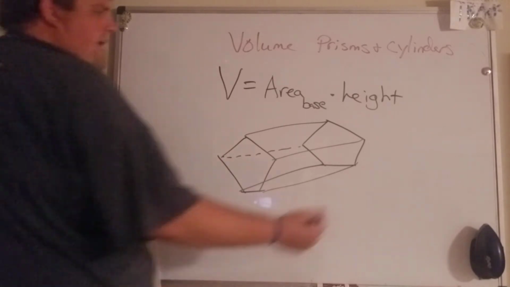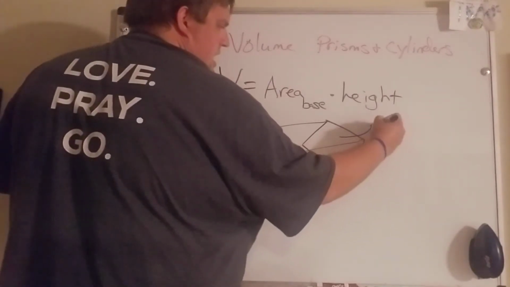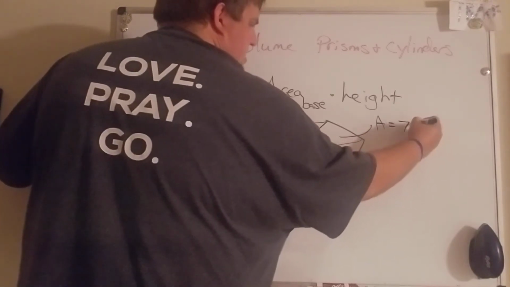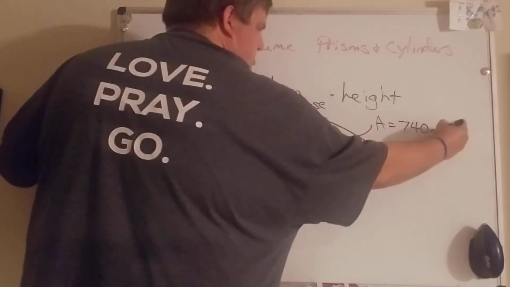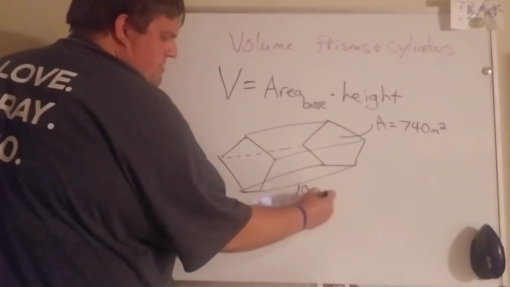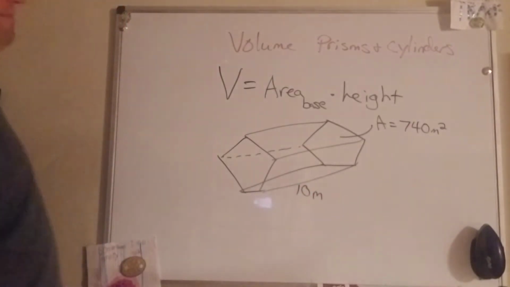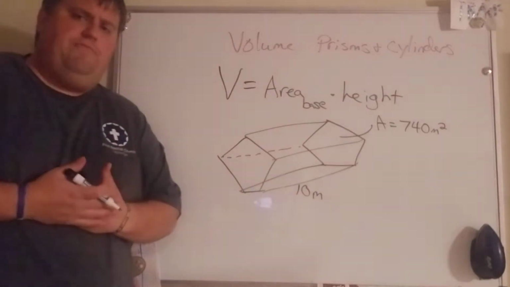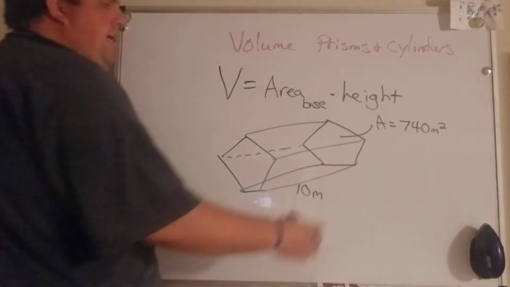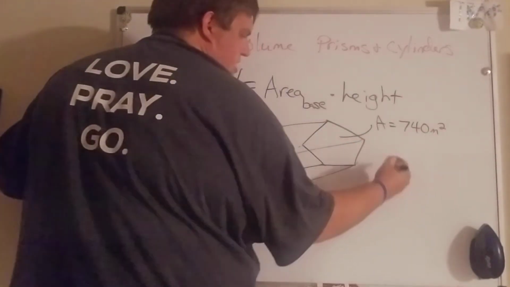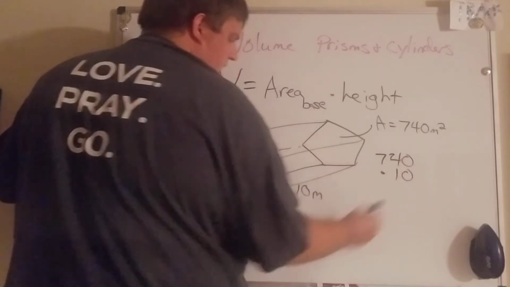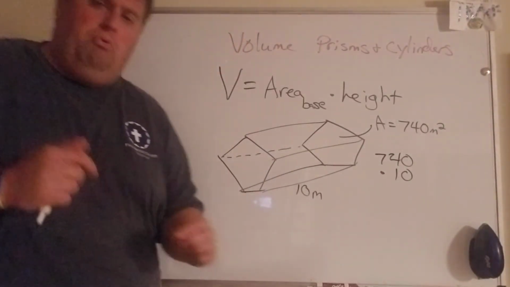And they say the area of this base of the pentagon is 740 meters squared, and maybe they give you the height is 10 meters, right? All you're going to have to do is follow the simple formula, area of the base times height. This time they give you the area of this base, so you're just going to do 740 times the height, which is 10.